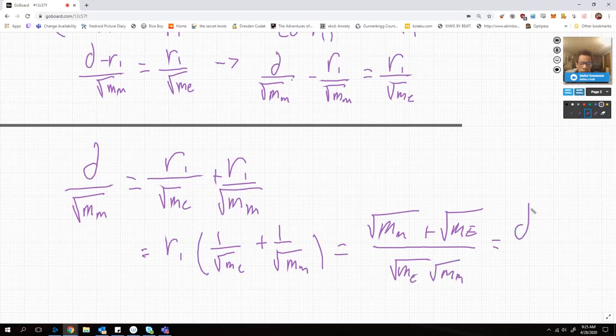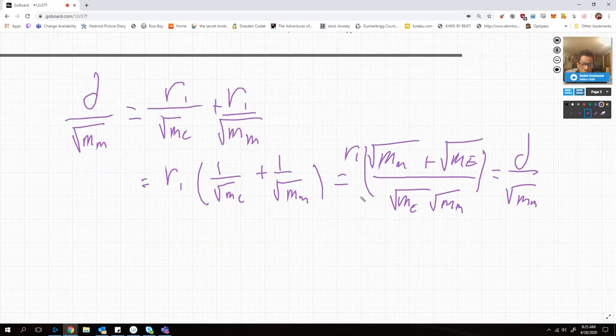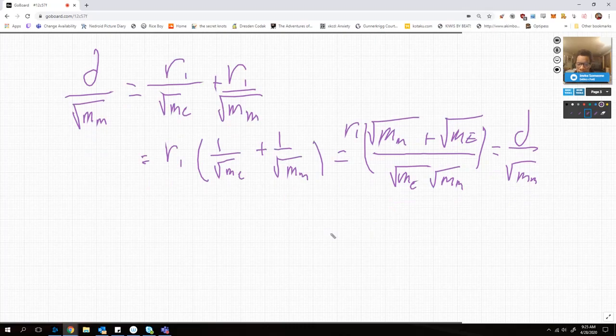This is still equal to D over square root mass of moon, in case we've forgotten. And there's an R1 here still. Then we flip this term onto this side, or multiply by the reciprocal of this guy, is basically what I'm trying to say.